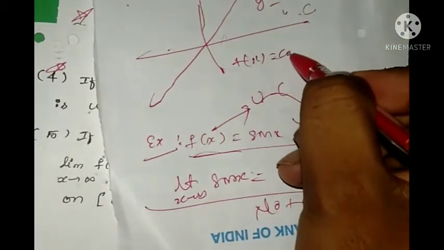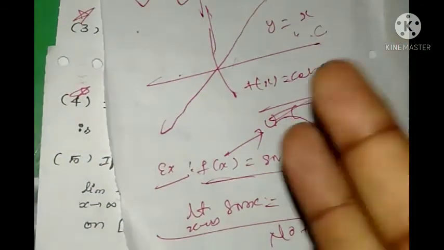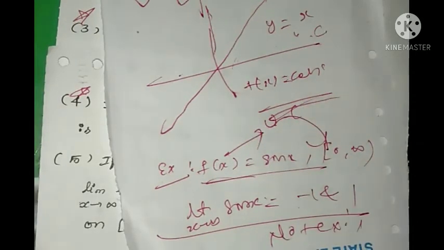If the given function is differentiable, then check whether the Lipschitz condition is satisfied. If the Lipschitz condition is satisfied, then we say that the given function is uniformly continuous. The derivative of sin x is cos x, which is bounded and satisfies the Lipschitz condition, so we say that this is uniformly continuous. This is another method to show that the given function is uniformly continuous or not uniformly continuous. Like this we solve the problems.